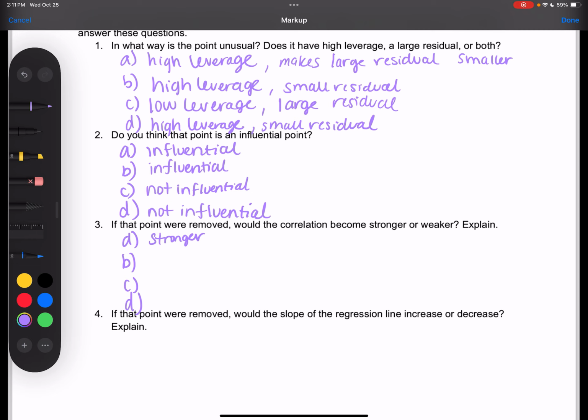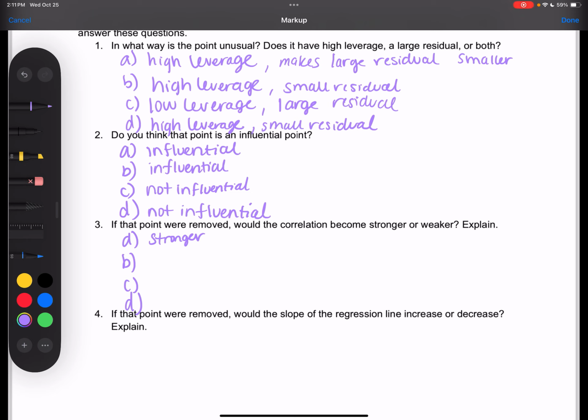All right, B. What about that one? Weaker, stronger? I think stronger. No, weaker. Because the points are super spread out. That one is kind of keeping it together. Here's what the book says: the correlation would become weaker because the outlier has high z sub x and z sub y values.